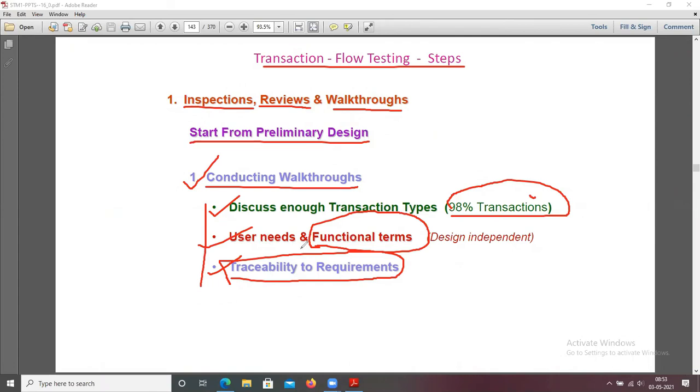Here you concentrate on the functional terms of the system. Ask the designer to relate every flow to the specification and to show how the transaction directly or indirectly follows from the requirement.